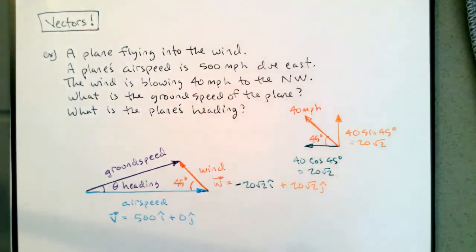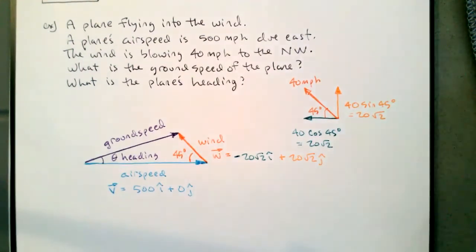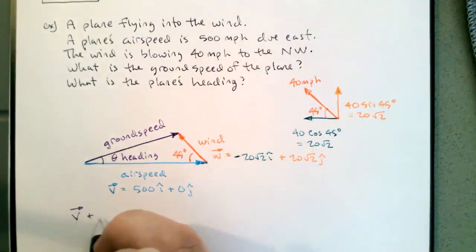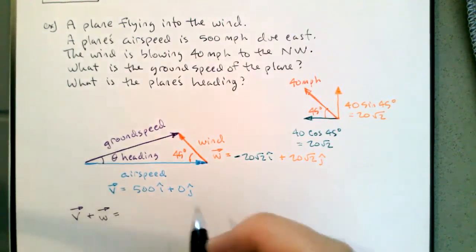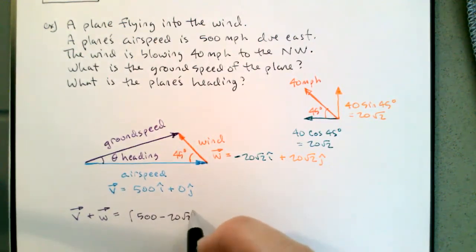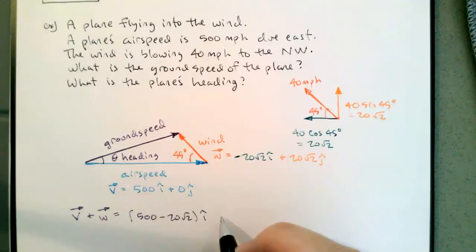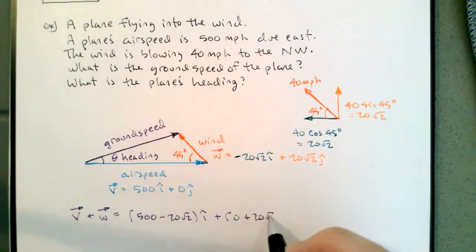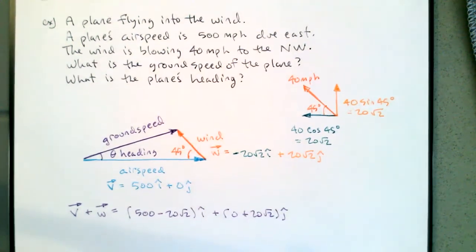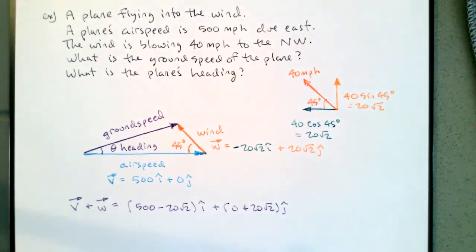So v plus w is going to be (500 minus 20 square root of 2) I, plus (0 plus 20 square root of 2) times j. So here's a vector describing what the plane is actually doing, what we observe the plane to be doing.